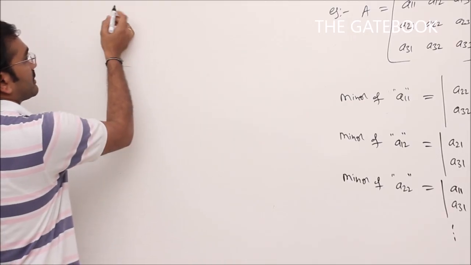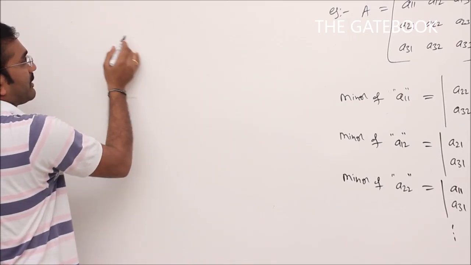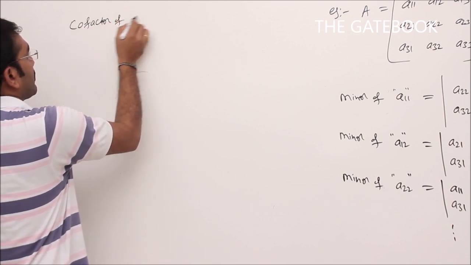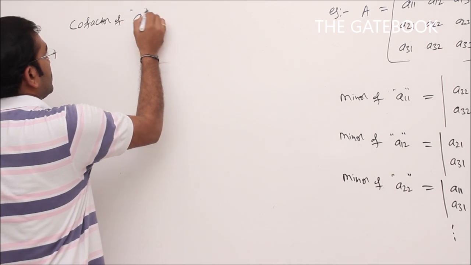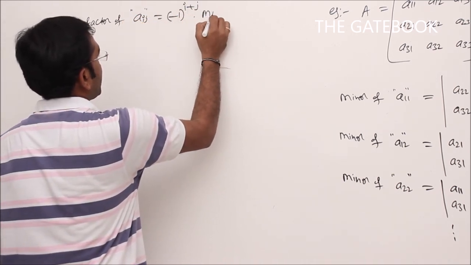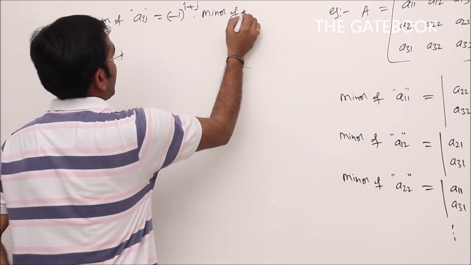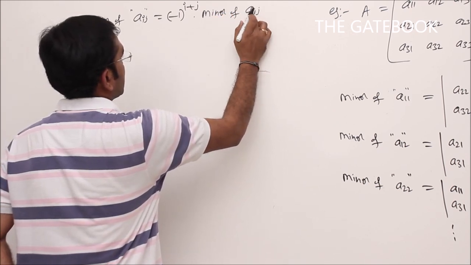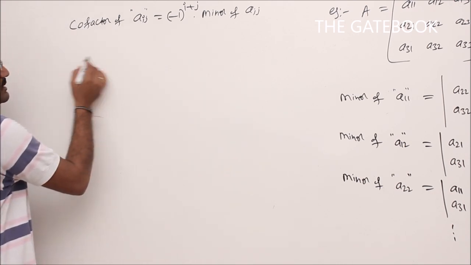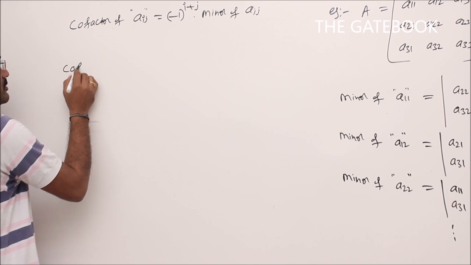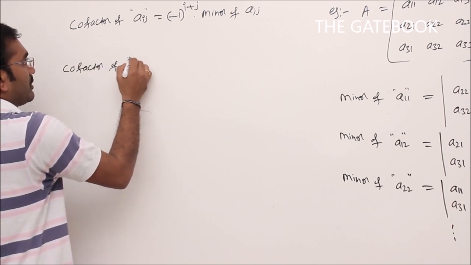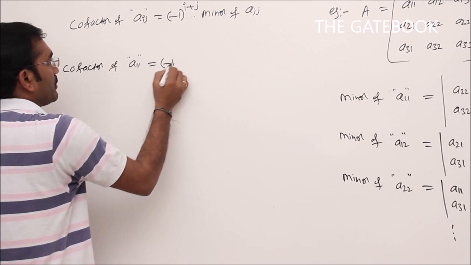How to find cofactors? I said the cofactor of Aij is equal to minus 1 whole power i plus j into the corresponding minor of Aij. Now let us consider the cofactor of the first element, A11.